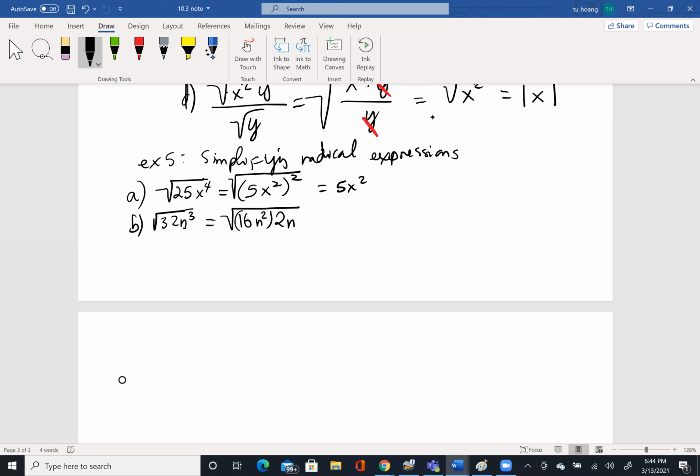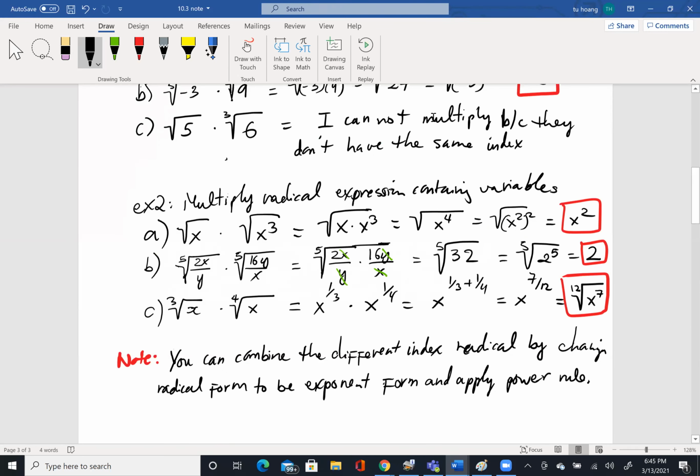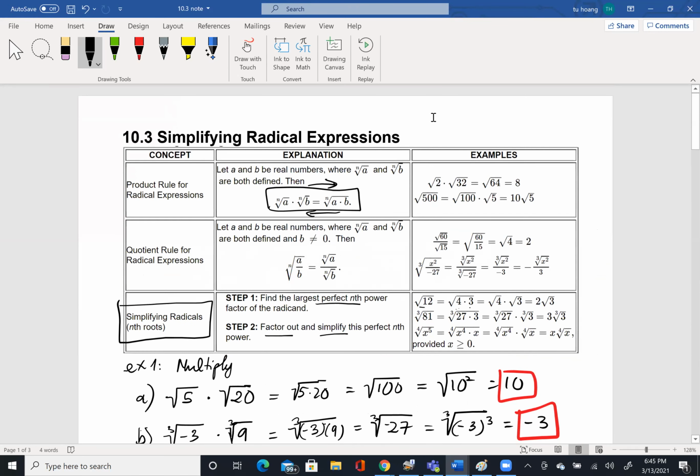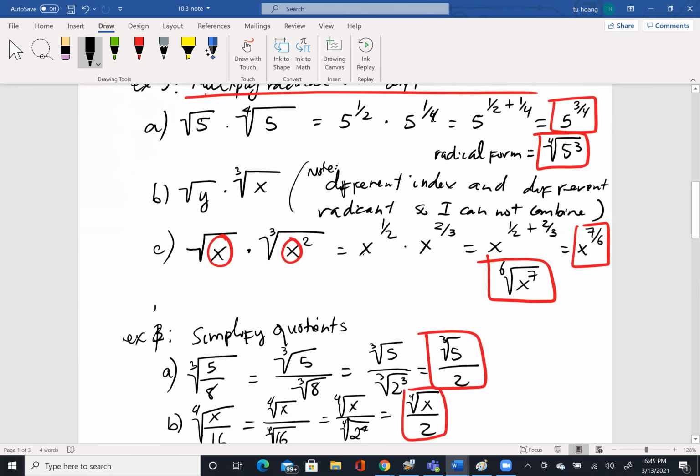So now 16n squared can be written as 4n, everything squared, multiplied by 2n. So from there, I must follow the second step, which is to factor out the perfect square.